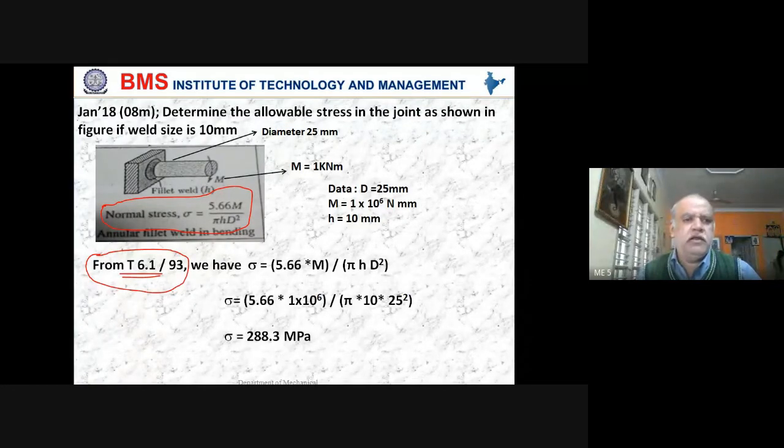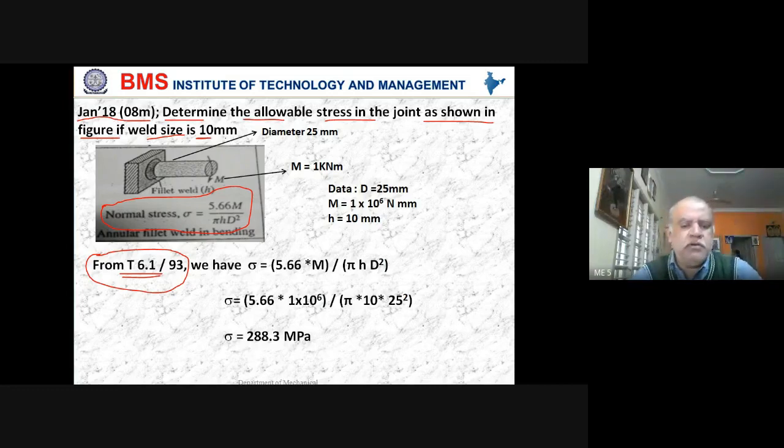Okay, fine. So now take down this problem. This was asked for 8 marks. So I invite you, just note down this problem. Determine the allowable stress in the joint as shown in figure if the weld size is 10 mm.